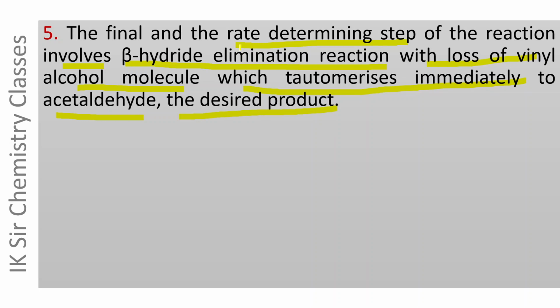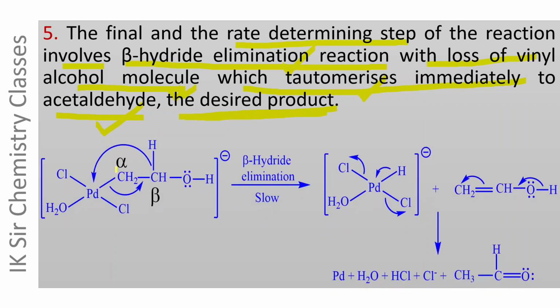In the final and rate determining step of the Wacker process, beta hydride elimination reaction takes place, which involves the loss of vinyl alcohol molecule, and the vinyl alcohol molecule tautomerizes immediately to acetaldehyde, and thus we get the desired product. This is beta hydroxy alkyl group bonded to palladium atom by sigma bond.